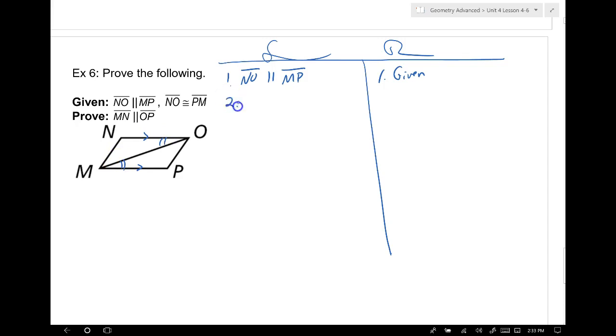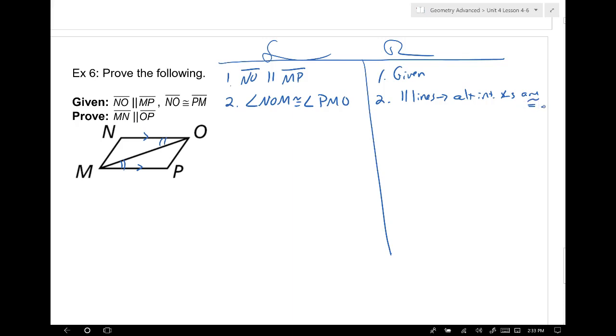So I'd say angle NOM is congruent to angle PMO. If I have parallel lines, then alternate interior angles are congruent. And if you wrote the name of the theorem down, it's the alternate interior angles theorem.